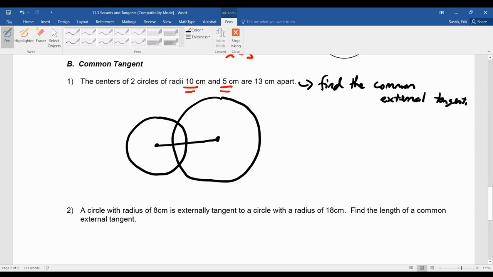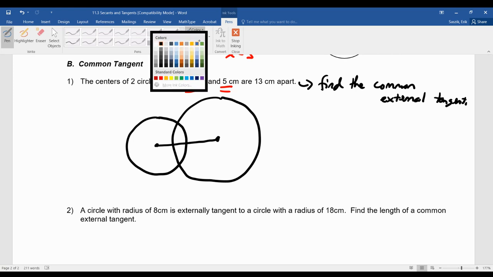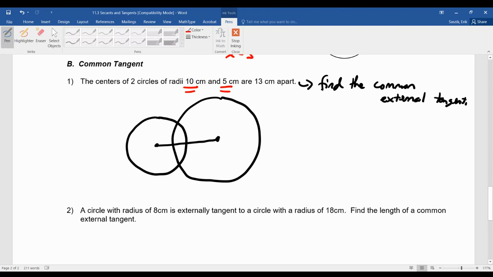Okay, so the first thing we have to do is draw it. Common external tangent means a tangent to both circles. So there you go.